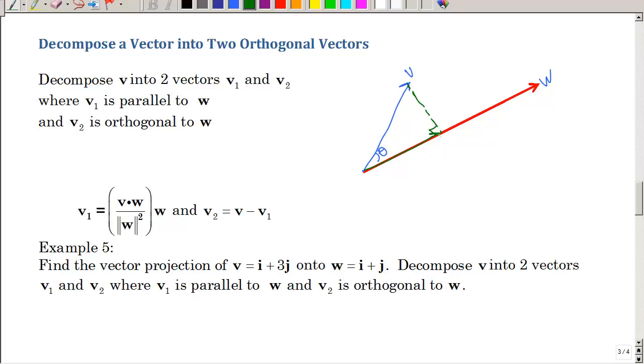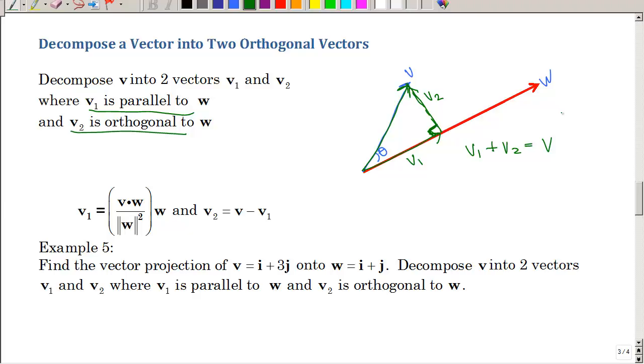So we're going to look at that vector v1, which is going to be parallel to w. And this vector v2 is going to be orthogonal or perpendicular. And hopefully you remember from graphing vectors that v1 plus v2, remember tail to head, is going to be the addition, the resultant vector.